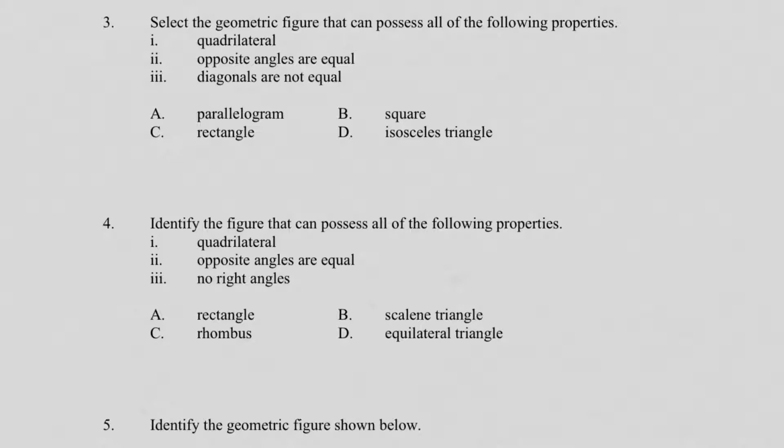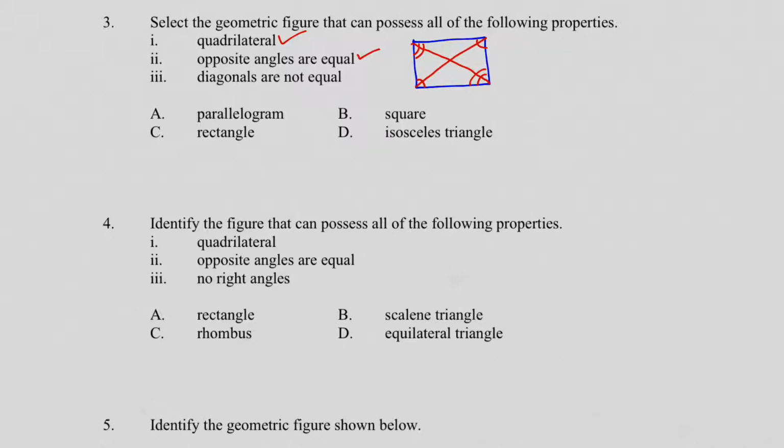So let's see, something that has 4 sides, opposite angles are equal, and the diagonals are not equal.